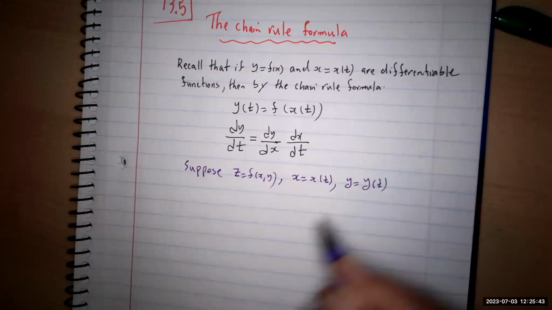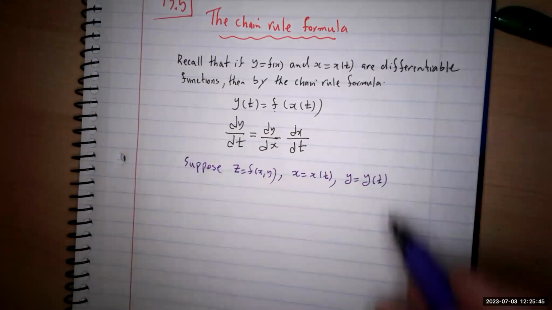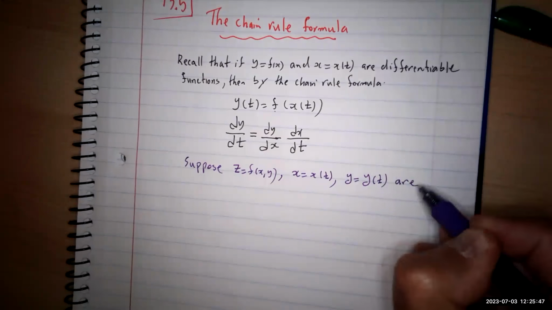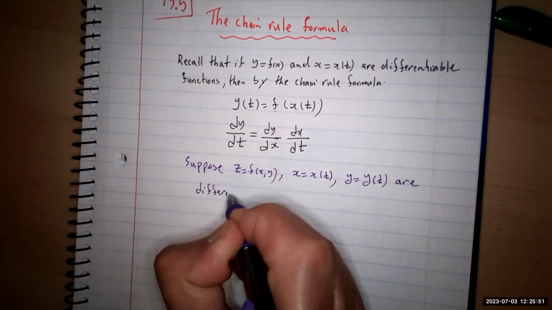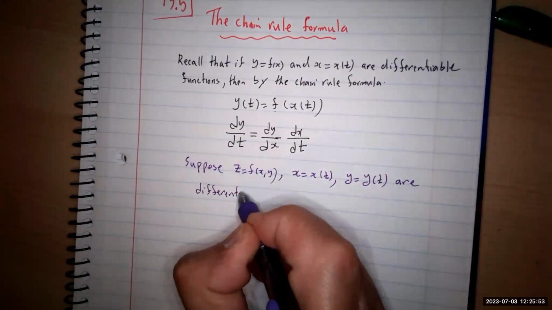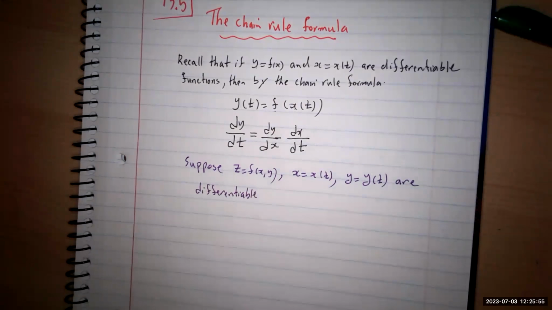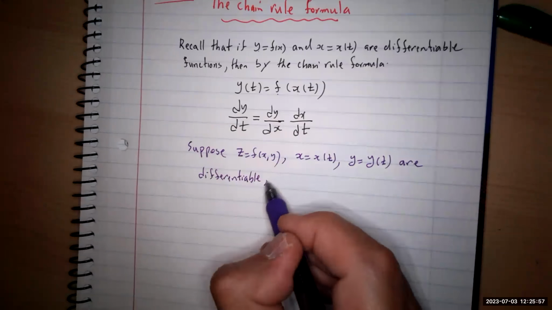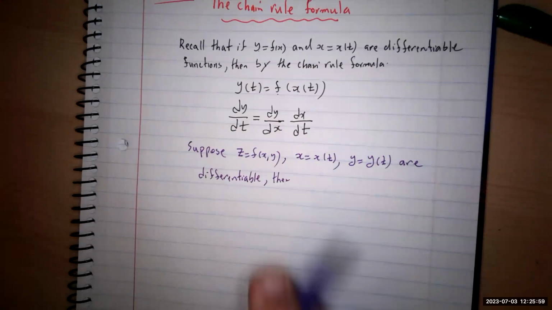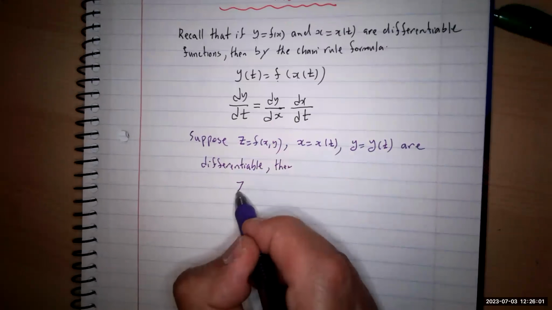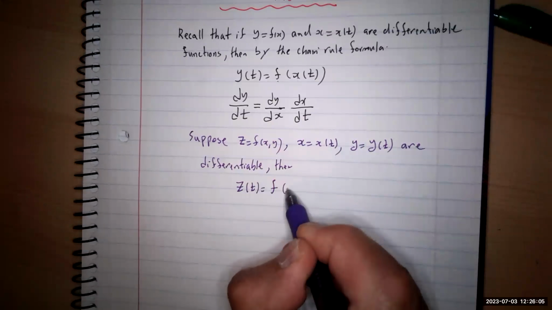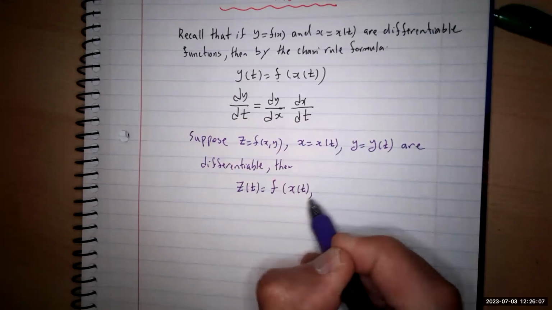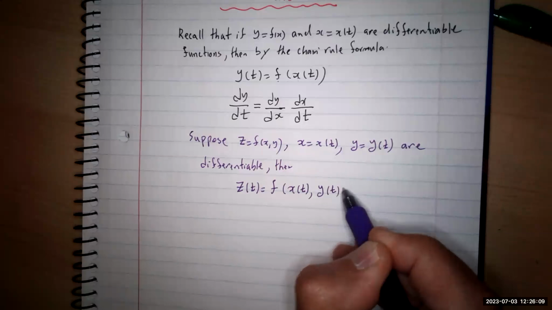If all of them are differentiable, then what are we going to have? Same thing, your z would be z of t. It's going to be f of x of t, y of t. So that's one.